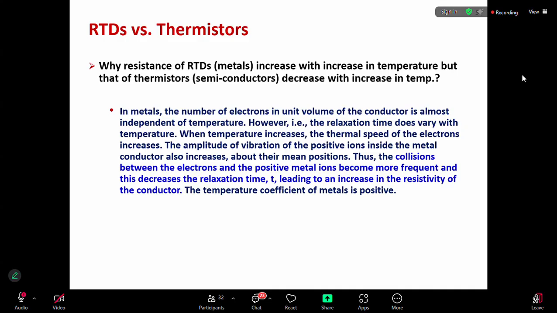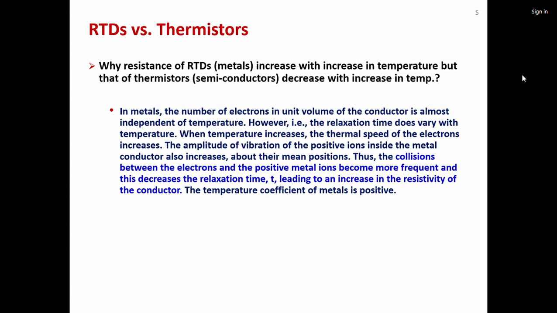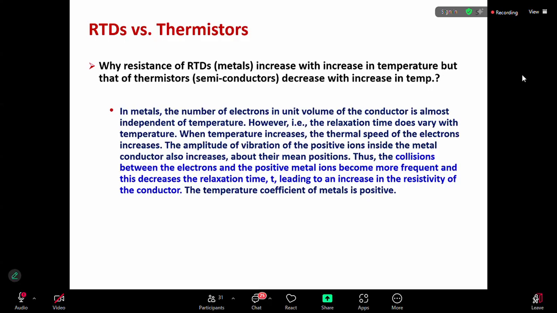So they would experience much higher resistance to their flow, right? So that is the reason why the resistivity of the conductor increases with increase in temperature, because there is a lot of resistance to the flow of electrons coming from the enhanced vibration of the positive ions in the metal.